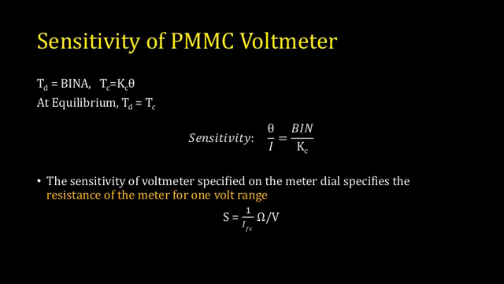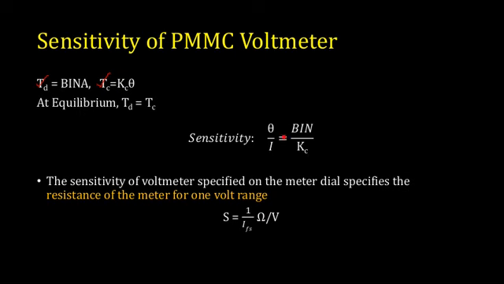Now in case of a PMMC instrument, the deflection torque is given by this particular equation, BINA, and the control torque is given by Kc into theta. At equilibrium Td is equal to Tc. So when we equate these two, we can write theta by I will be equal to BINA divided by Kc.